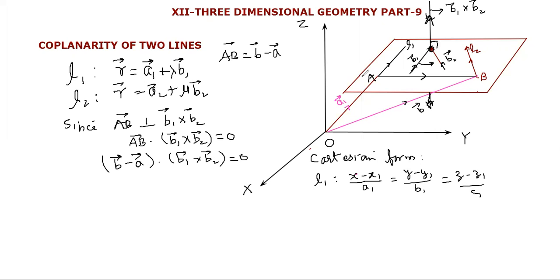That means the coordinates of point A will be x1, y1 and z1.